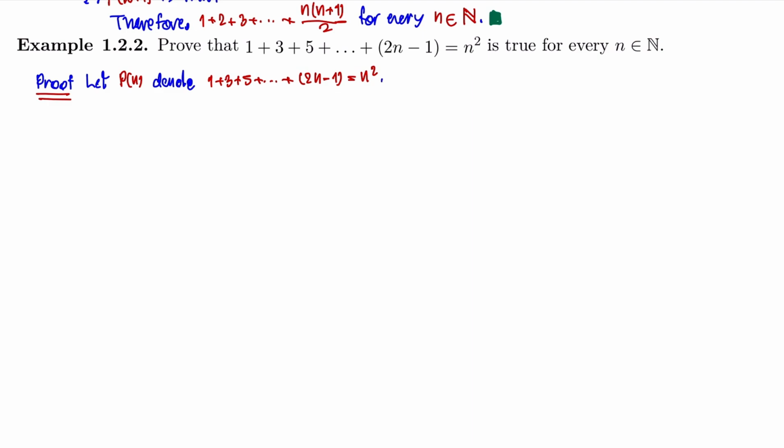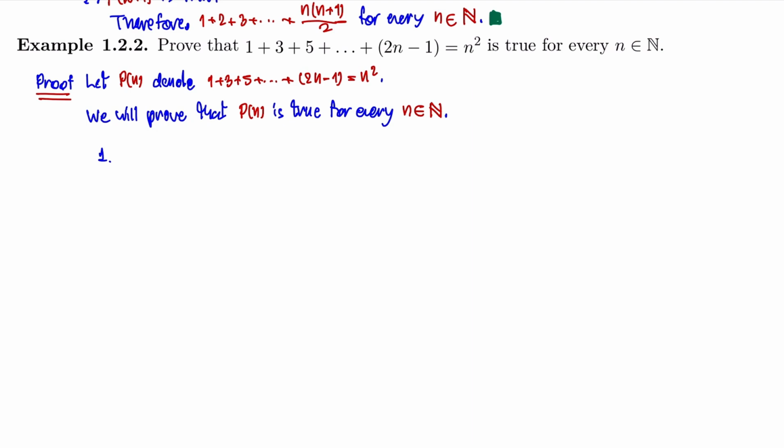Okay, and we will prove that P(n) is true for every positive integer n.